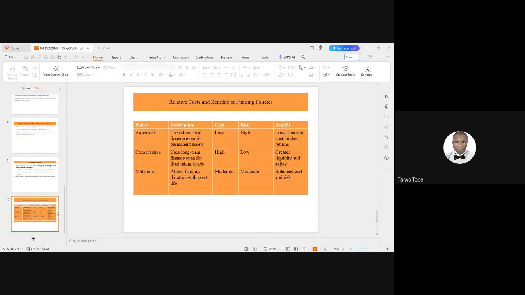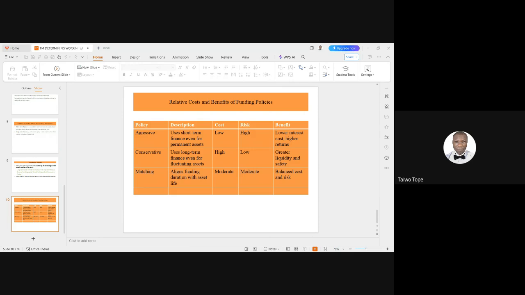So also talking about the relative cost and benefits of funding of business. Now we have the aggressive policy, the conservative policy, and we have the matching policy.